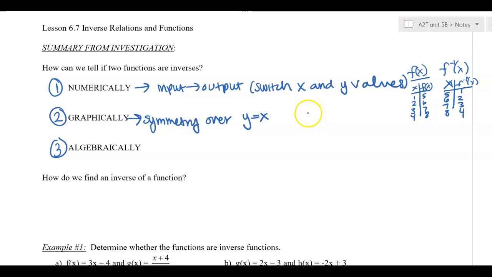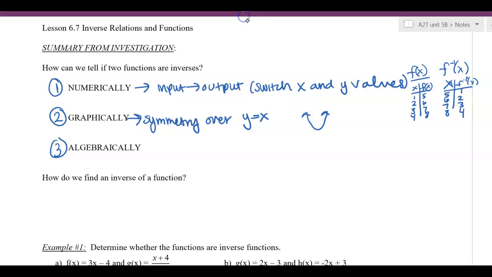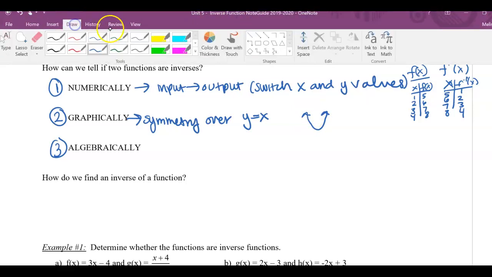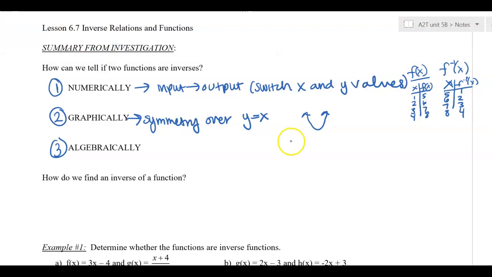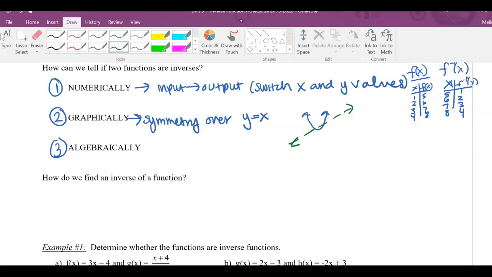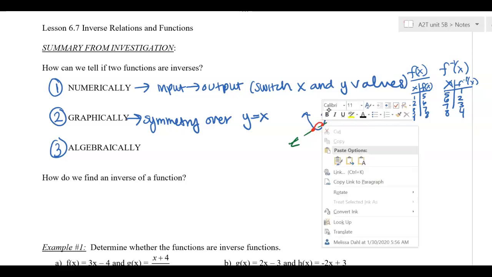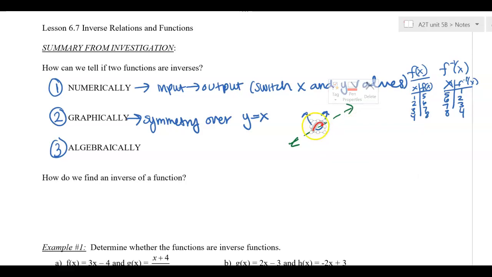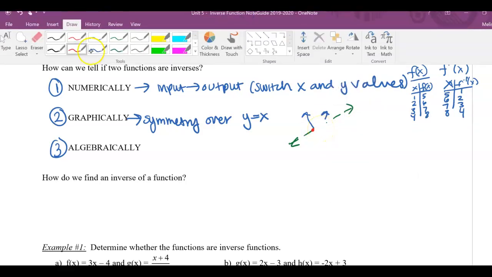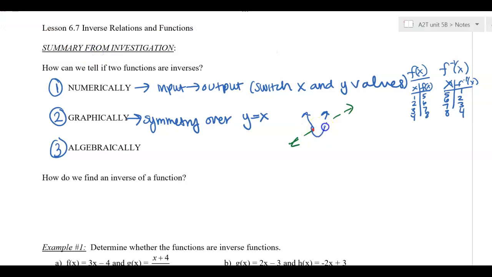So if this is a graph, and this is where the line y equals x falls on the graph, basically these points would stay and everything else would be reflected over that line.